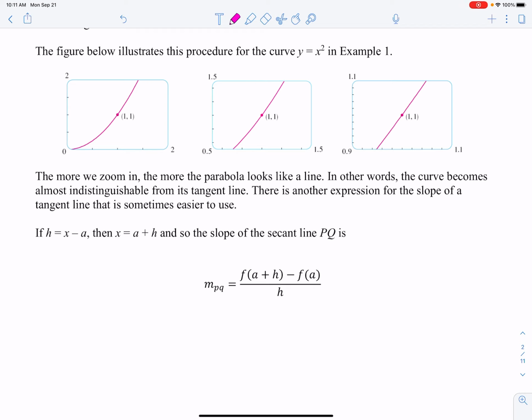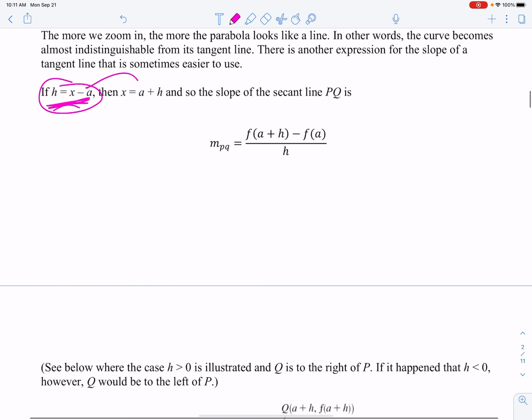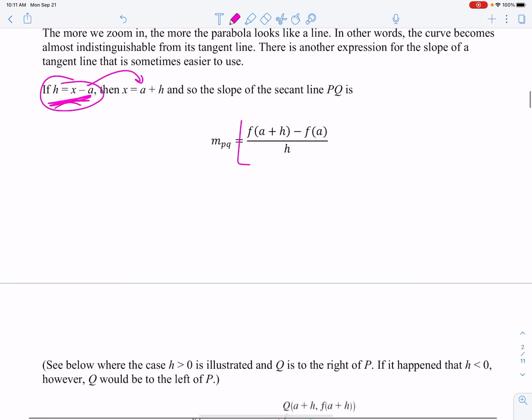There's another expression for the slope of a tangent line that is sometimes easier to use. So this is it right here. So if we let h equal x minus a, then x equals a plus h. In other words, we're just manipulating this to solve for x. Okay? That's all we did. We added a to both sides. So the slope of the secant line PQ is this guy here.